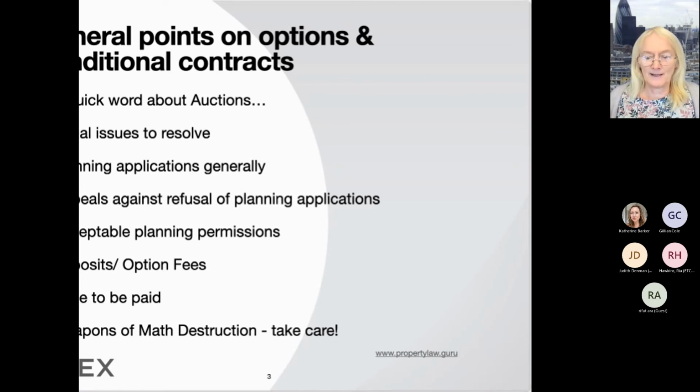Obviously, any payments under community infrastructure levy, and about 50% of the councils in the country have community infrastructure levy, should be taken into account in any calculation of the price or overage too. But unfortunately, the community infrastructure levy regime cannot deal with provision of social housing.